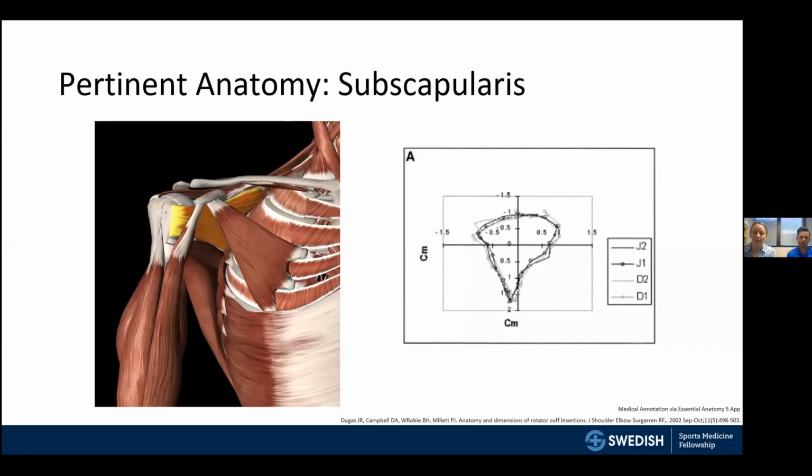This was a paper done by Dugas et al., and it shows that the insertion of the subscapularis is broader superiorly, or more cranial, at that aspect of the tendon, and then it's more narrow on the insertion, more caudally and laterally. So the insertion at that lateral and caudal aspect is almost a muscular insertion.